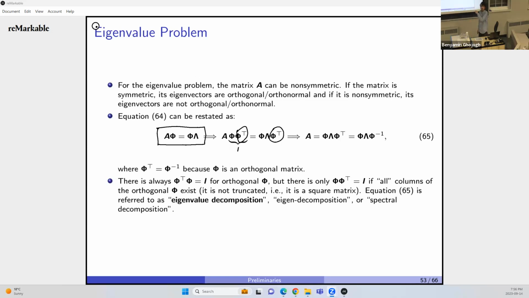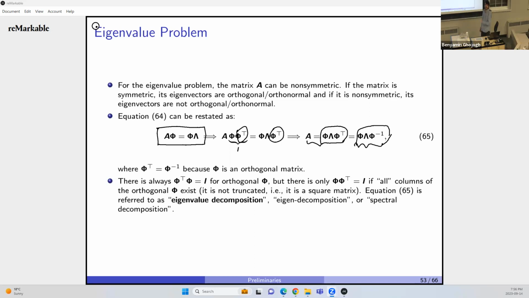Therefore, phi phi transpose is I, according to what I said a few minutes ago. So we'll have A equals phi lambda phi transpose. Since phi is an orthogonal matrix, phi transpose is phi inverse, so you can also write it as phi lambda phi inverse. Phi lambda phi transpose or phi lambda phi inverse, it doesn't matter.